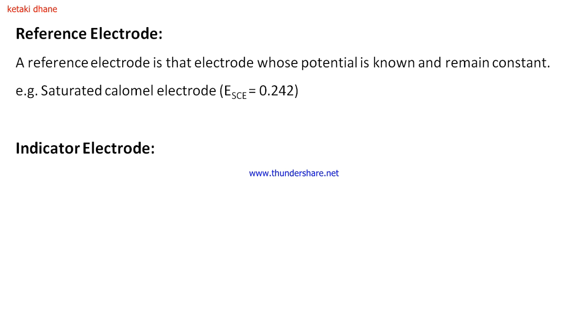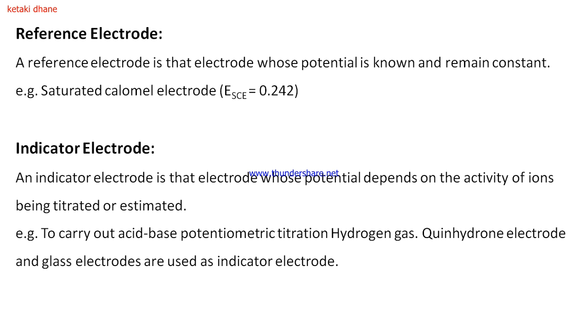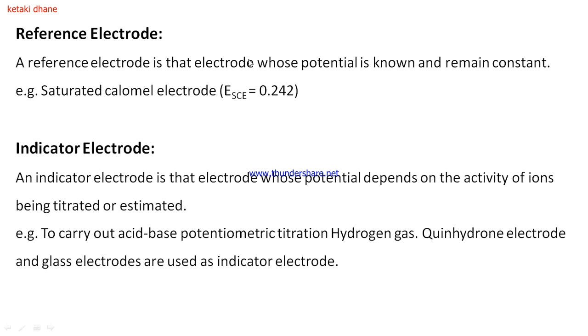Now reference electrode and some definitions of different types of electrodes. Our first electrode is the reference electrode. What is the meaning of the word reference electrode? It is an electrode whose potential is known and remains constant throughout the reaction.